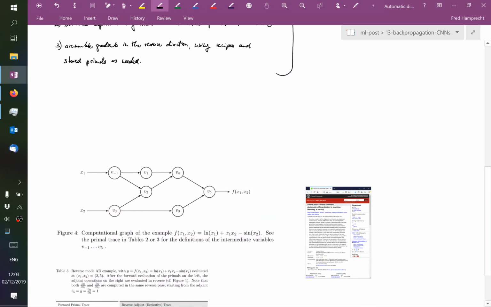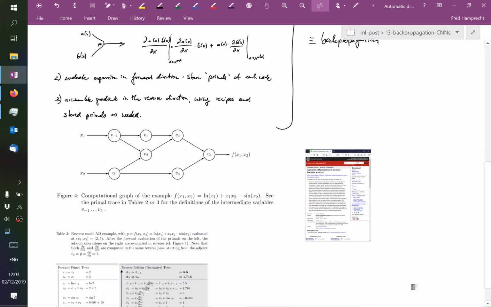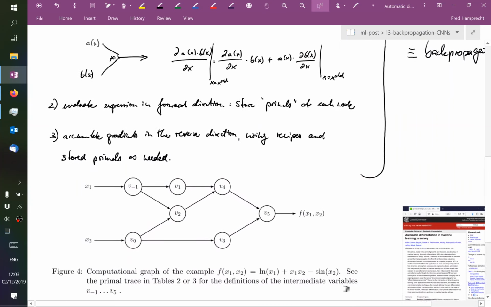All right, and now I have a figure from this paper that I cited earlier, which is also in the public document. And what we can see here is a computational graph. There are different conventions on how to generate a computational graph.